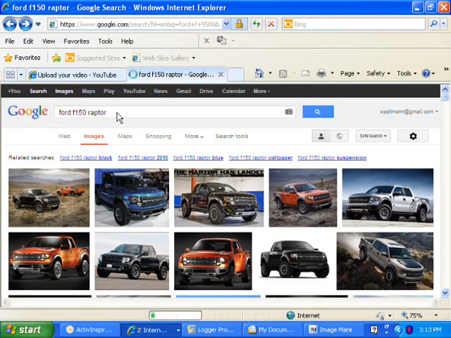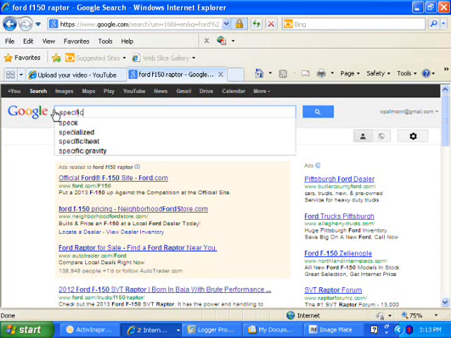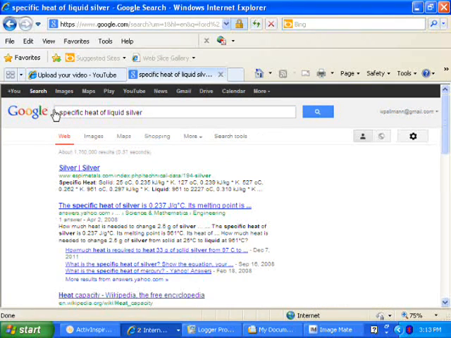Search. Theoretically. And search that in here. Now once again, just like everything else, be cautious of the site that you're using. Make sure it's something that makes a little bit of sense.